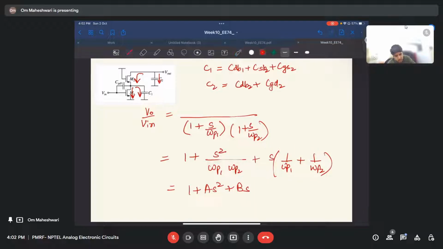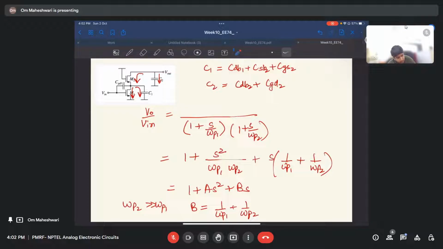So let's say one of the poles is much larger, that is, omega p2 is much greater than omega p1, right? So what we will get, b equals 1 upon omega p1 plus 1 upon omega p2.